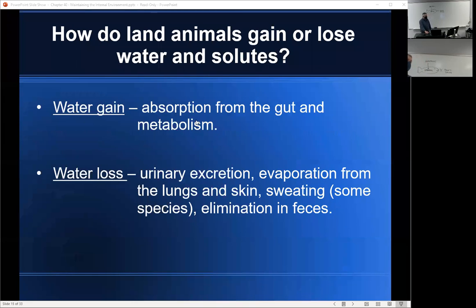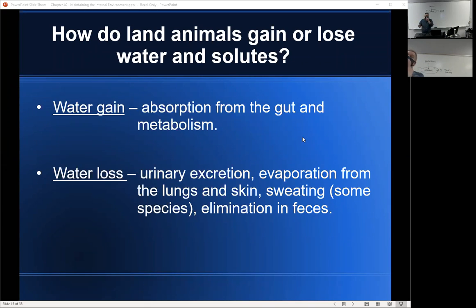Okay, so how do animals gain or lose water and solutes? Water gain: absorption from the gut and metabolism. We just did a whole chapter on digestion and absorption, so we know that water is absorbed through the walls of the small intestine and the large intestine.